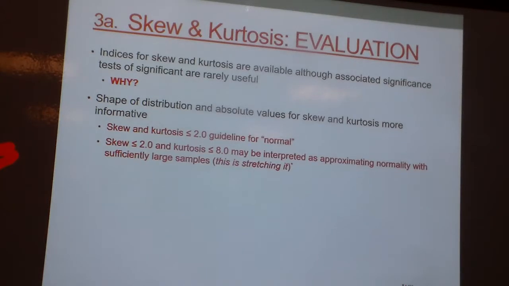But again, what we're really trying to demonstrate is that we don't have severe non-normality, right? We usually talk about this as approximating normality. What we're really saying is that it's just not radically non-normal enough to cause a problem, okay?